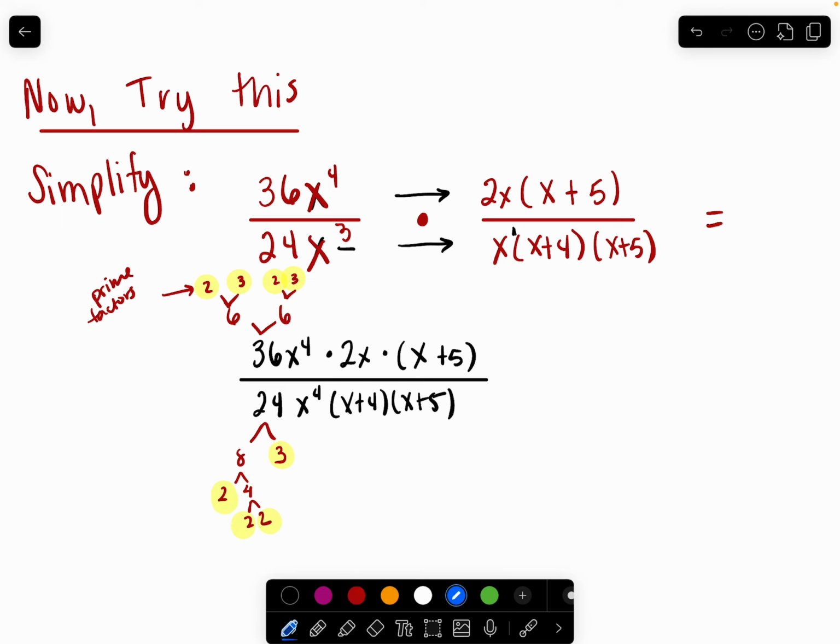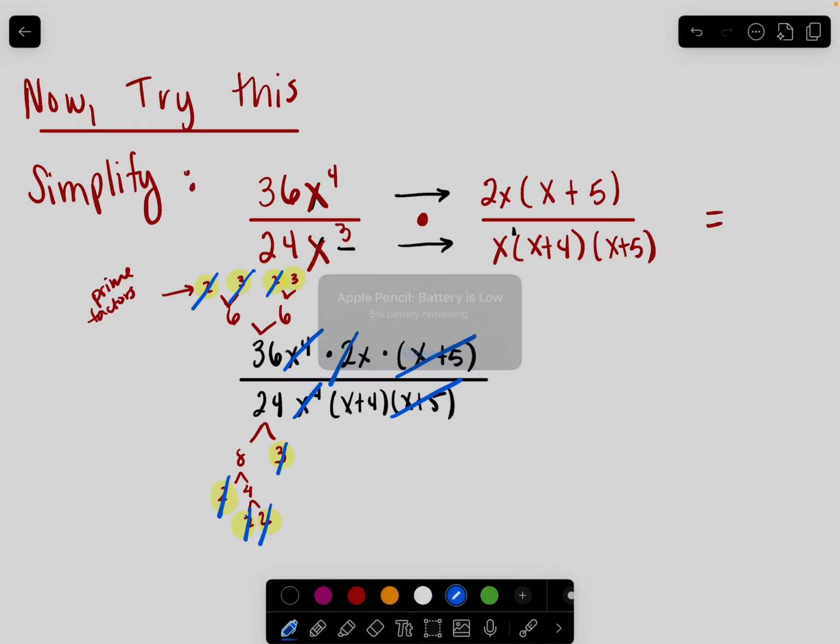Okay, so let's see what they have in common. They have a 2 in common, they have another 2 in common, and they have a 3 in common. And it looks like there's another 2 in common here. So what is left over? Actually, before that, let's cancel out the x's. There's x to the 4th they have in common here, and they have x plus 5.